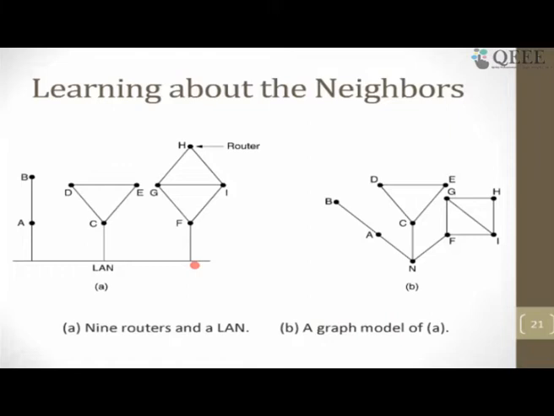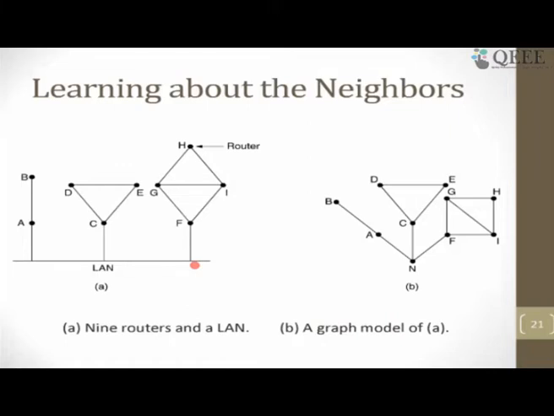So, how to determine the neighborhood of A, B and C, A, B and F. If you see in the figure, there is A, C and F, and we have D, E, G, I, H. So, in order to do this, we think of a LAN as an independent node. LAN is an independent node, and this way we construct the neighborhood. Fine.